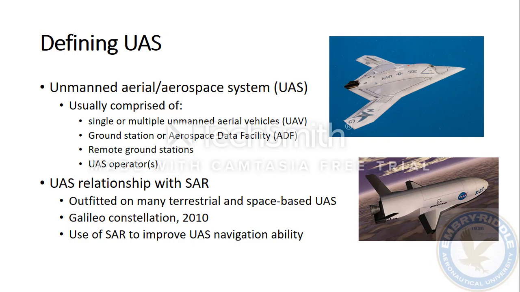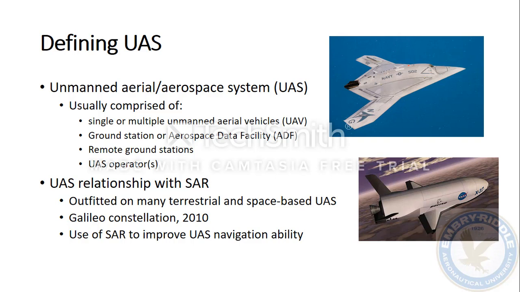The UAS relationship with SAR, so we're trying to figure out, hey, what's the relationship historically between these unmanned vehicles and the use of SAR? Well, it's pretty prolific and outfitted on many terrestrial and space-based UAS for geospatial and other types of missions at the unclass level that we won't talk about.